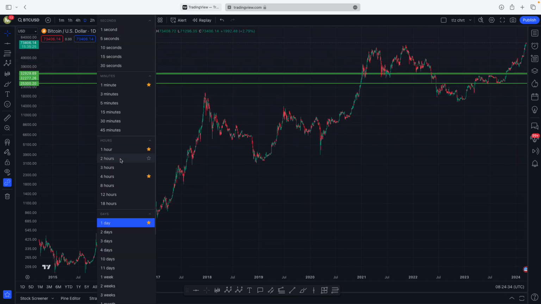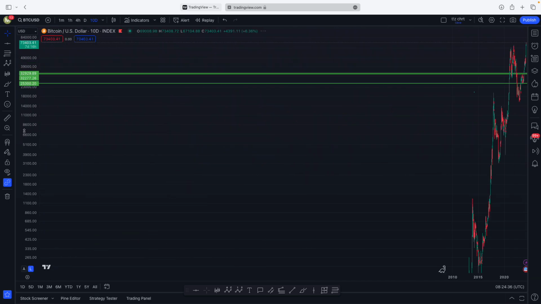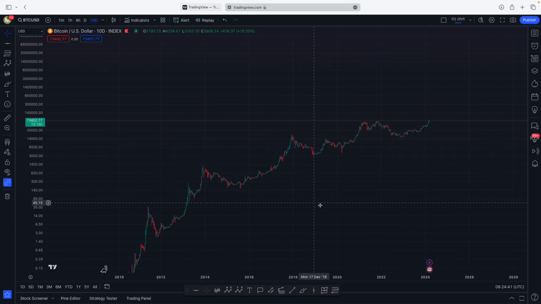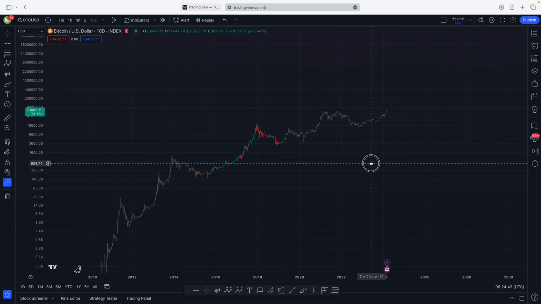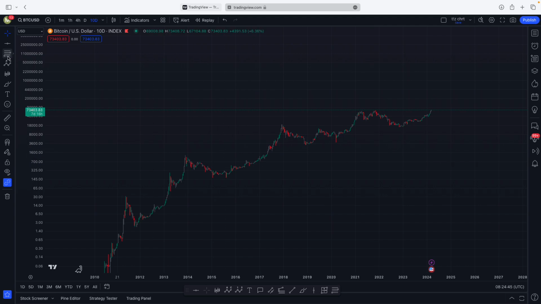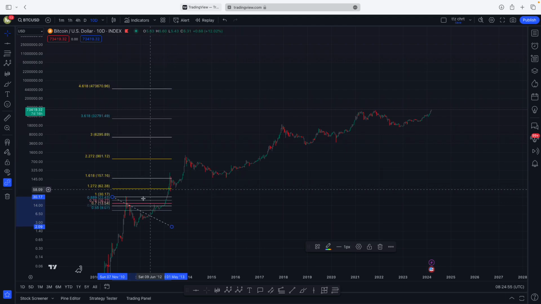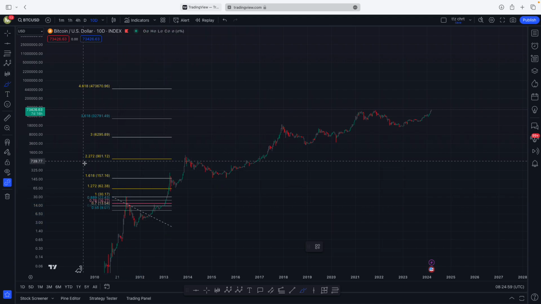We are starting out here on the index chart, on the logarithmic time frame, and I want to shed light on where the market usually tops out on the logarithmic scale. I'm going to take the Fibonacci retracement from the first bottom to the top, and we're going to notice that the first market cycle peak after this bottom structure was at the 1.618 Fibonacci level.